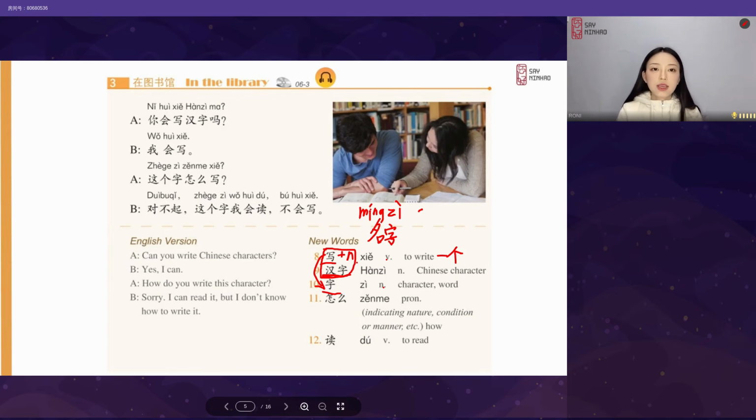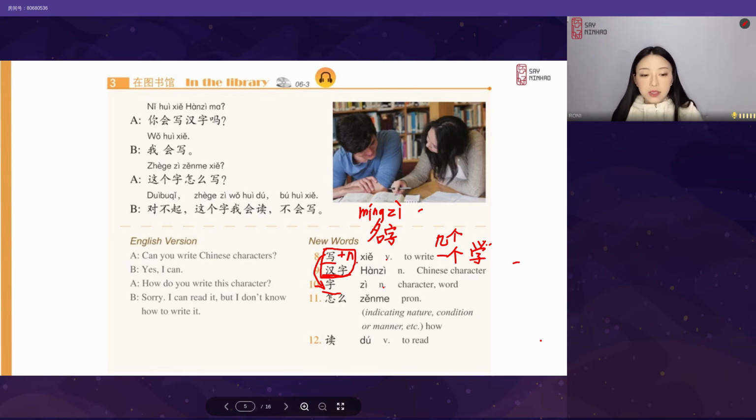Then how to say how many Chinese characters? It is 几个汉字. Yes, 几个汉字. And try to say learn Chinese character. It is 学汉字.